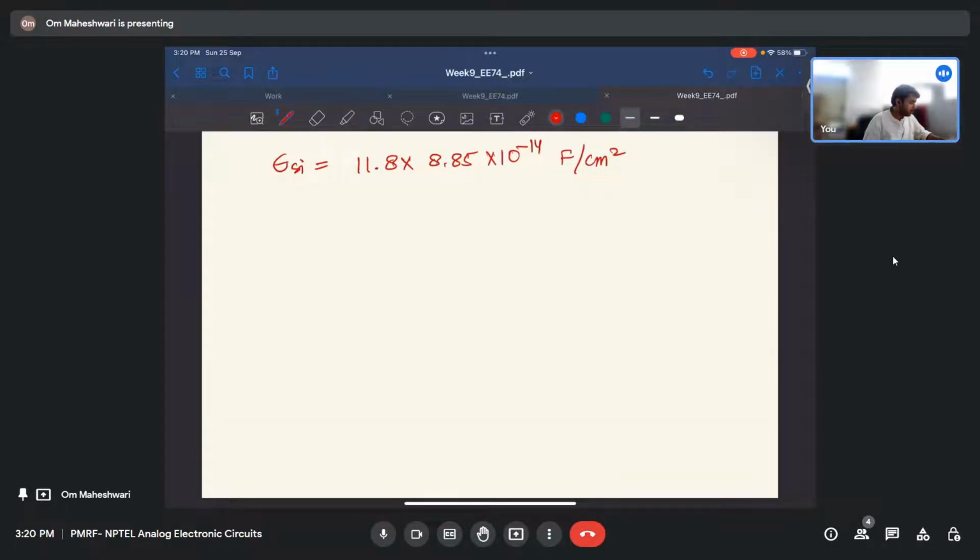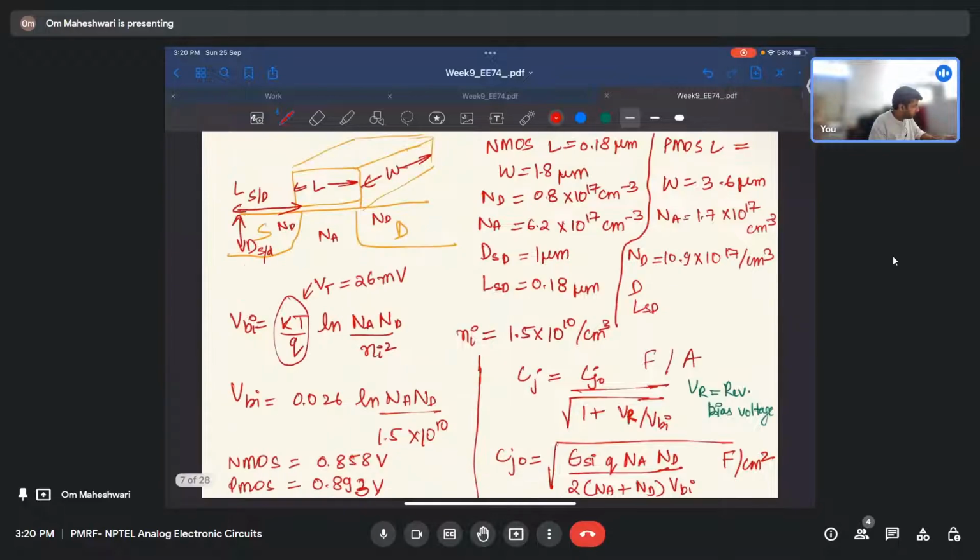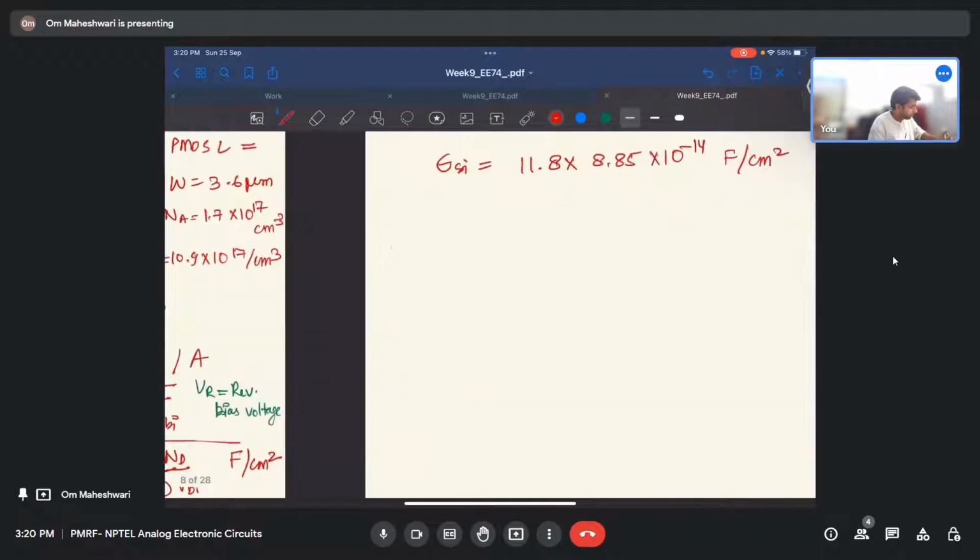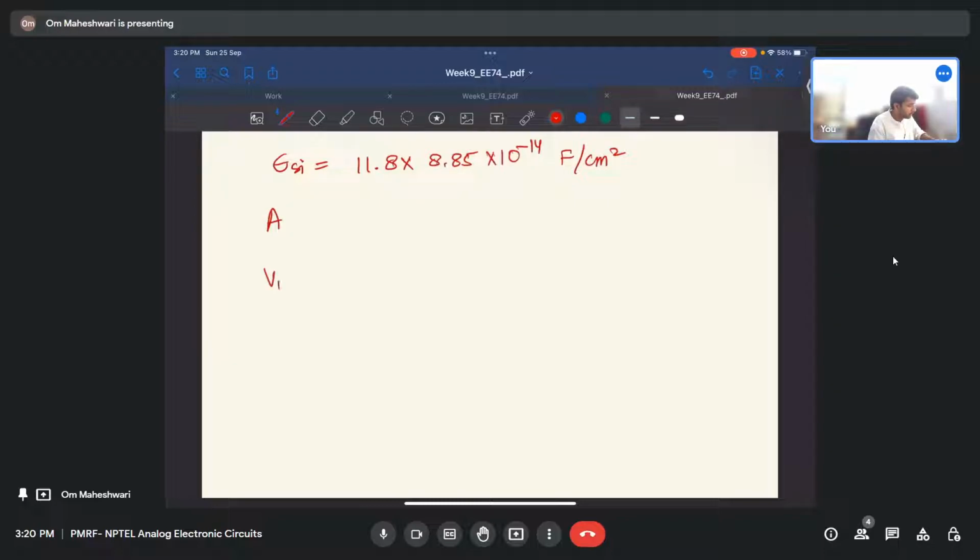For centimeter units, you should use this formulation of epsilon Si. Now we have the formulas. What we need is the area and Vr.